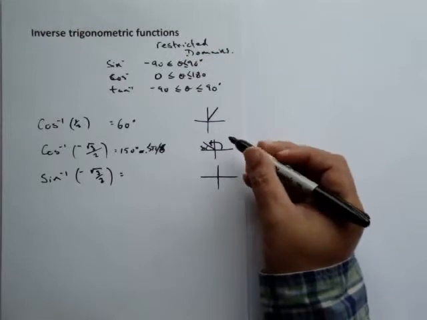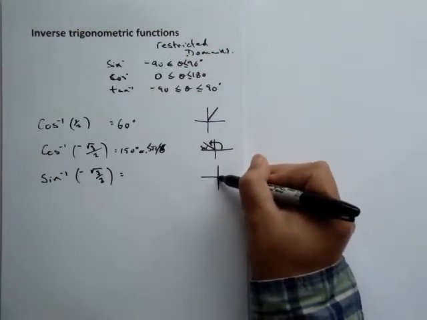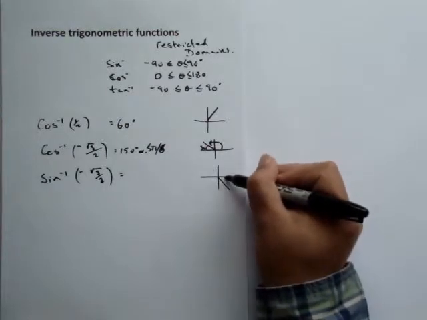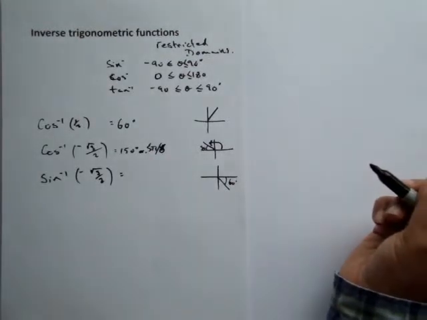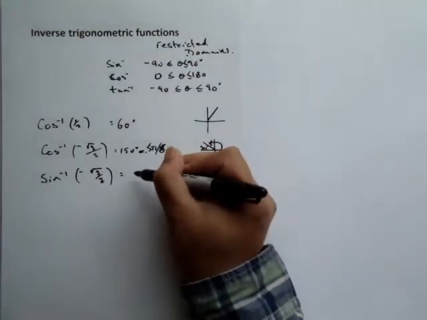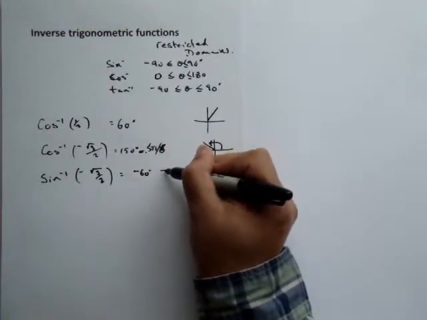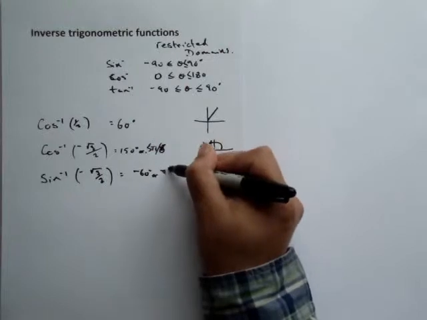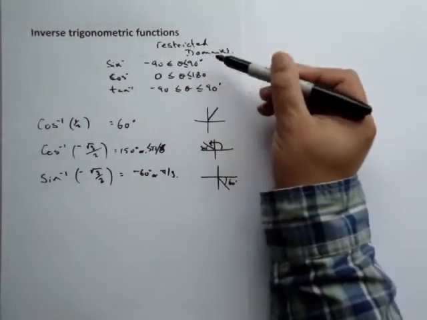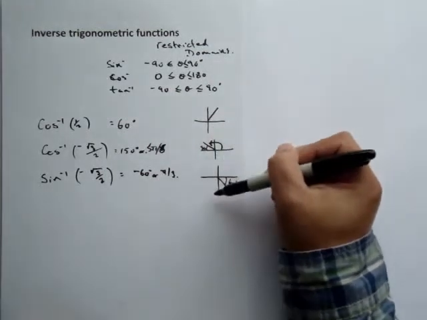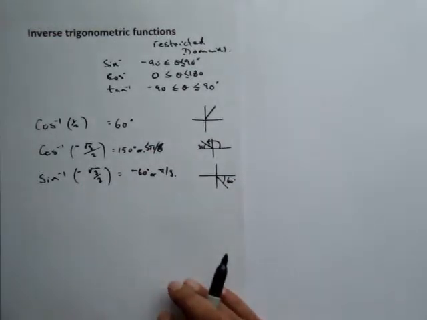So minus root 3 over 2 falls here, which is 60 degrees. That's where sine is minus, and this is minus 60 degrees, or minus pi over 3. So always check that it falls within the restricted domain. Okay, so let's go on to our next one.